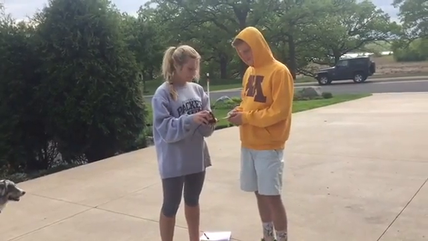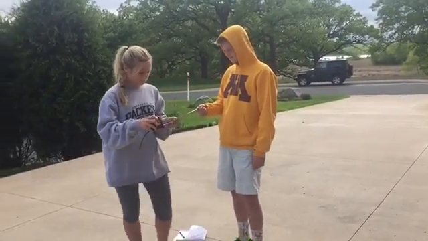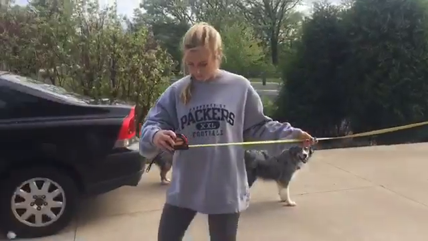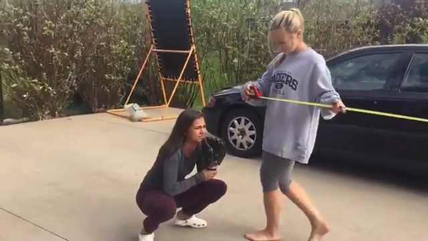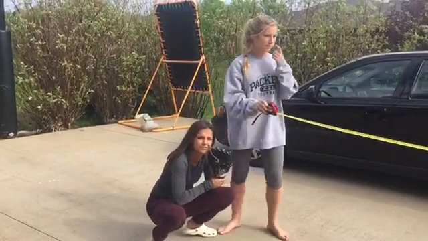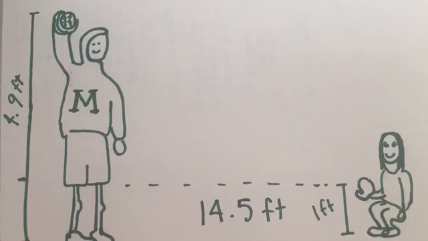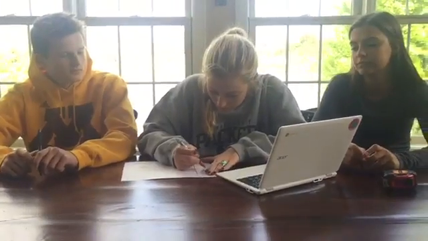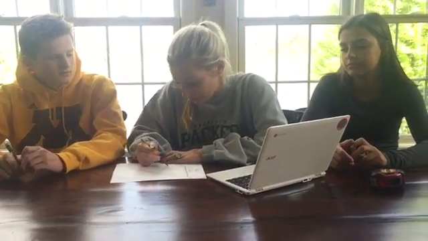Alright, now let's measure the distance between you and Nicole. About 14.5 feet. So now we know the height between you and Nicole is 4.9 feet, and the distance is 14.5 feet.